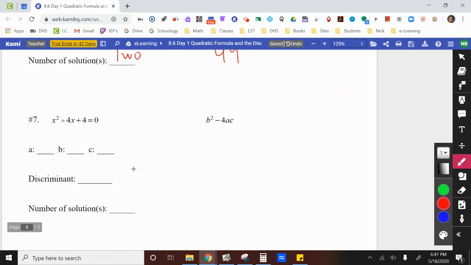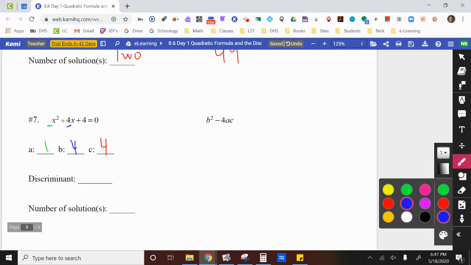Number 7. We have x squared plus 4x plus 4 is equal to 0. Again, we start off by finding the a, b, and c values. My a value is 1, my b value is positive 4, and my c value is positive 4. Now you can see this time I don't have that structure set up, so we're going to do it by hand. Now I have to figure out my discriminant, the b squared minus 4ac.